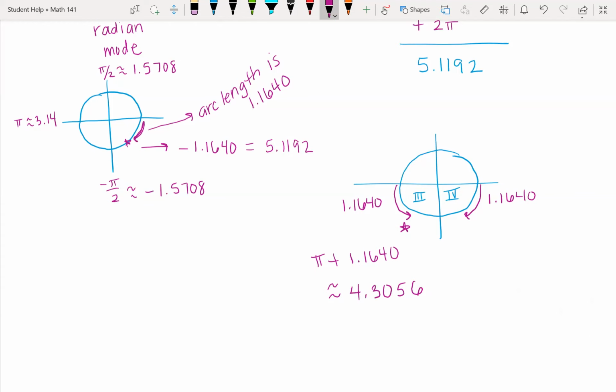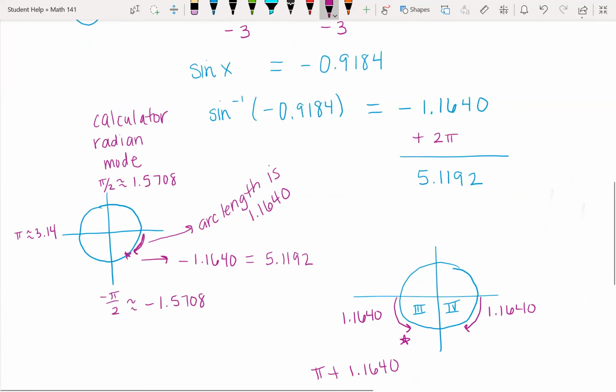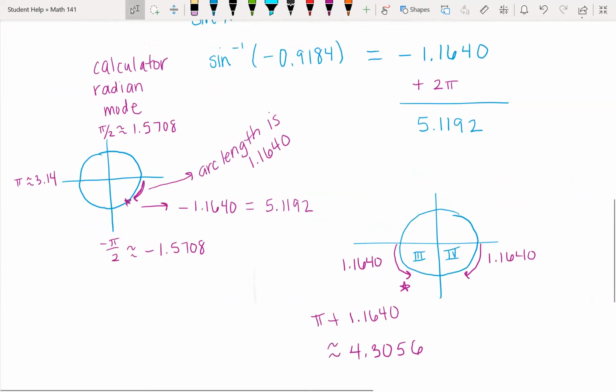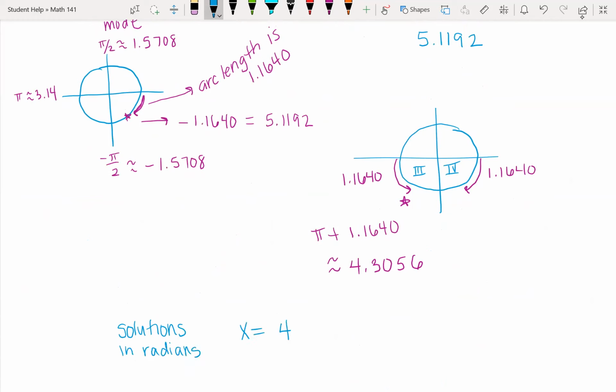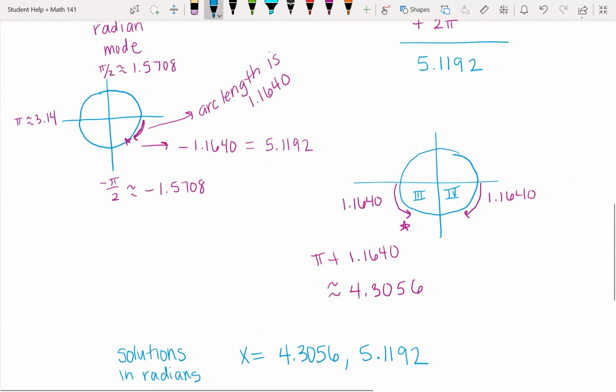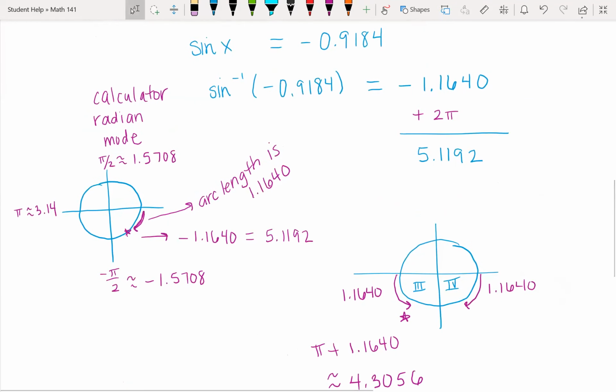So putting both of these together, my solutions, the variable was x, are x equals 4.3056, that's one answer, and the other is 5.1192. I could follow this same process for degrees. Let me go back to what we had. Let me copy this.